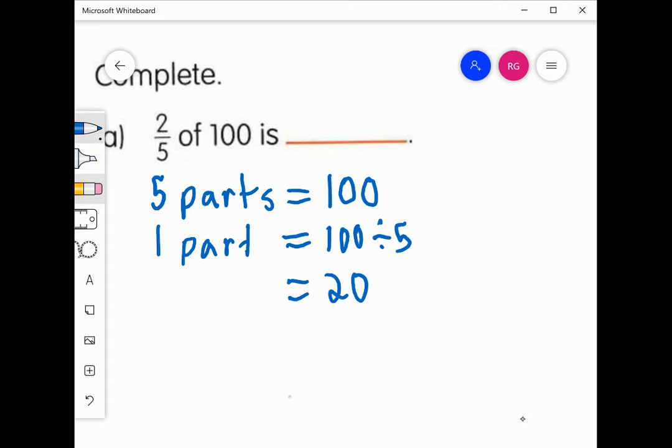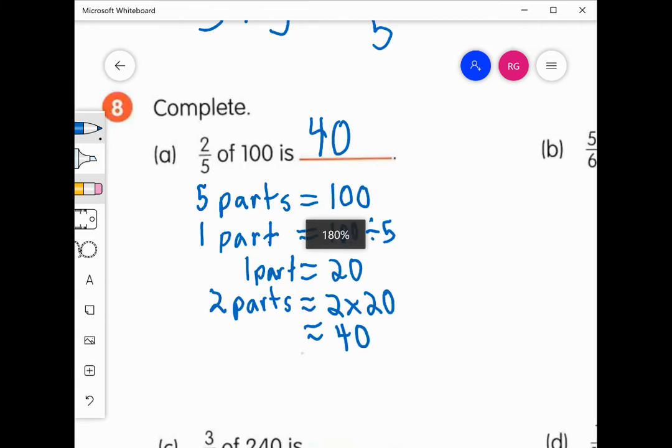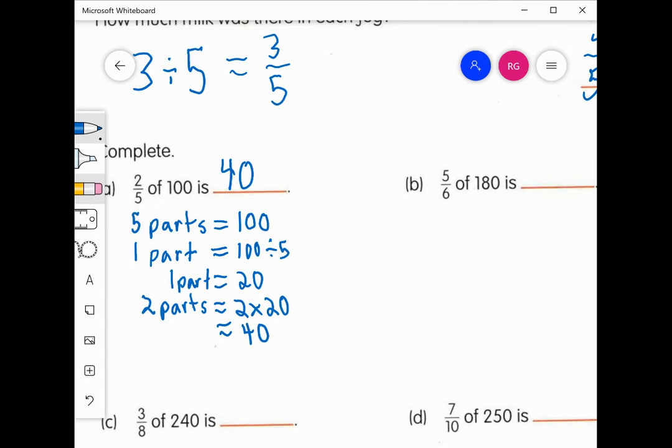So then I could say that two parts equals 2 times 20, because one part is equal to 20. Okay, so I have 2 times 20, so therefore 2/5 of 100 is equal to 40. There we go. Okay, so it should say 40 there.